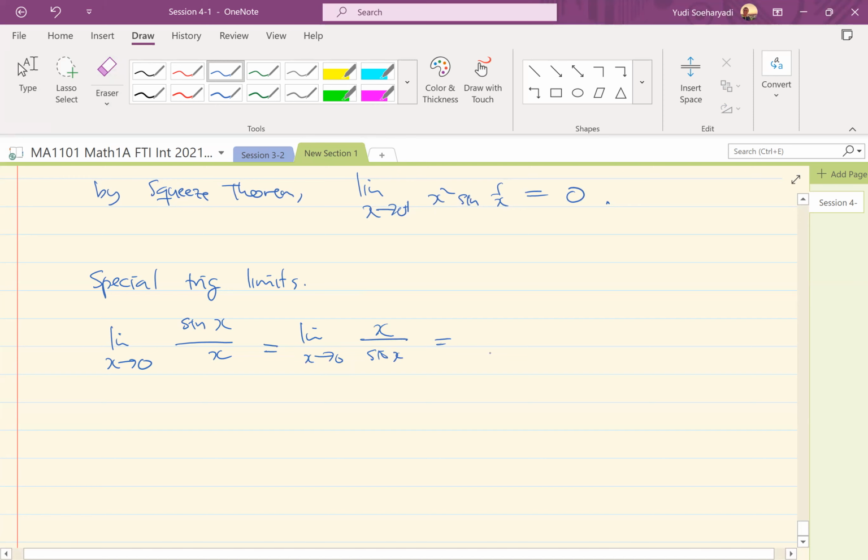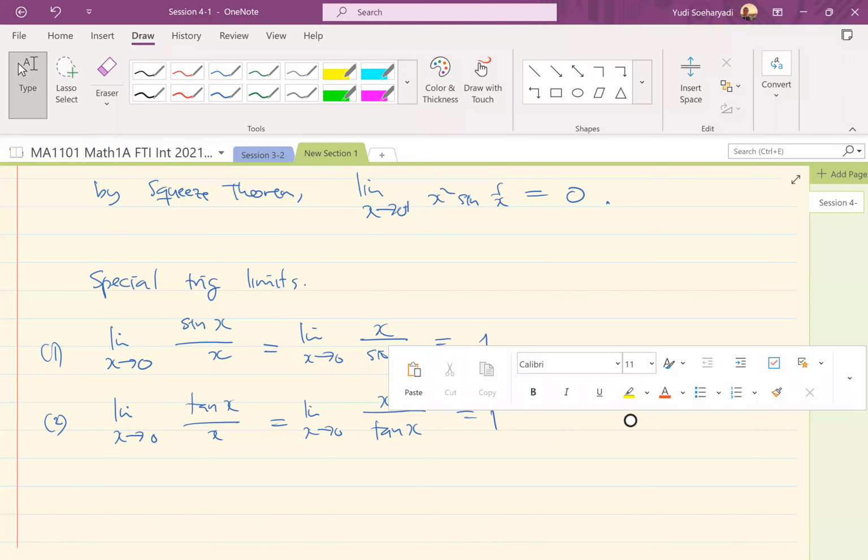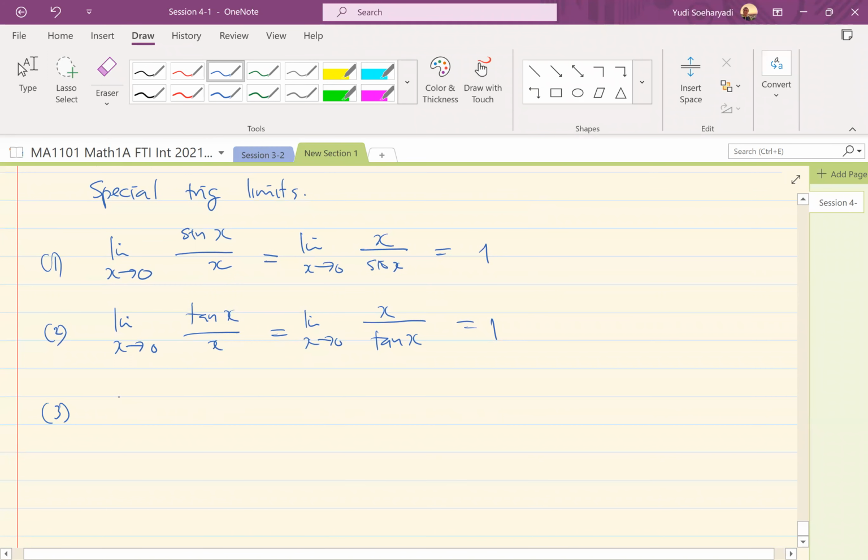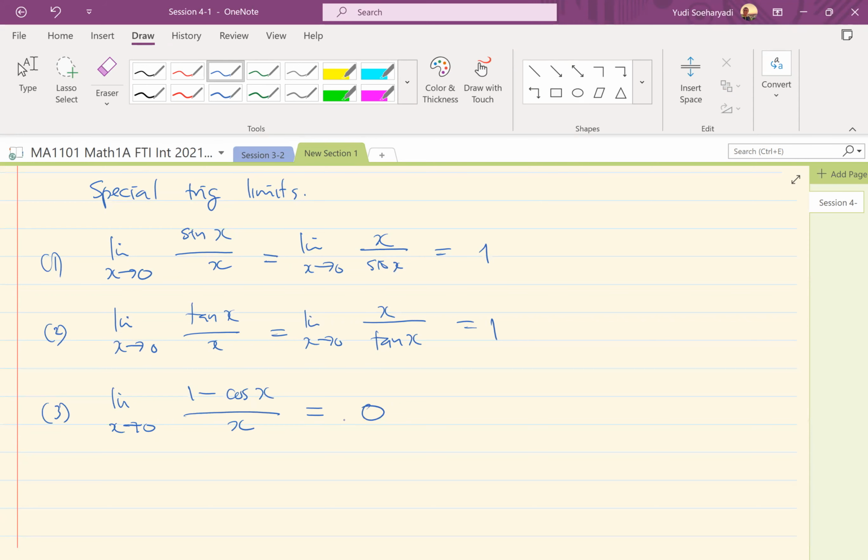This gives you 1. Another is tangent, also 1. And the next is 1 minus cosine x over x. This is 0. We'll derive this using squeeze.